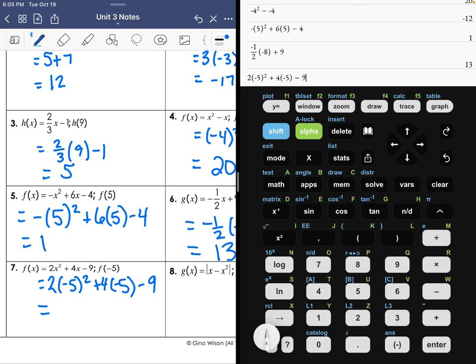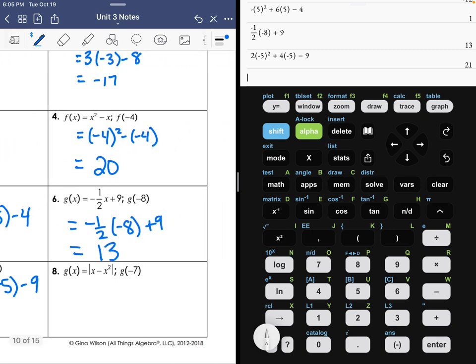Because it's not the same thing. A -5 squared, negative times negative, is positive 25. Not negative 25. So it is different. So you've got to treat it different. All right, so after you type it in, look at it, make sure it's right. So that's 21.